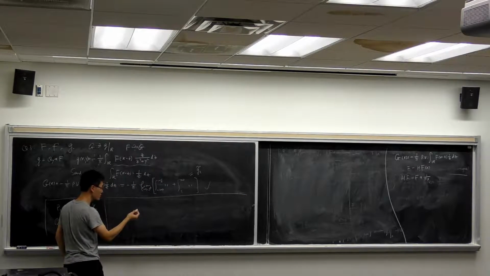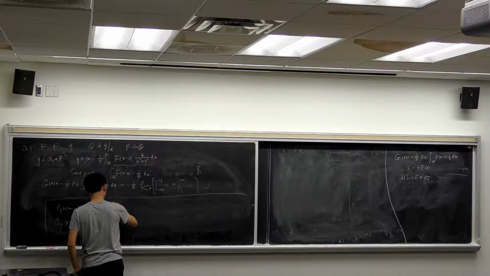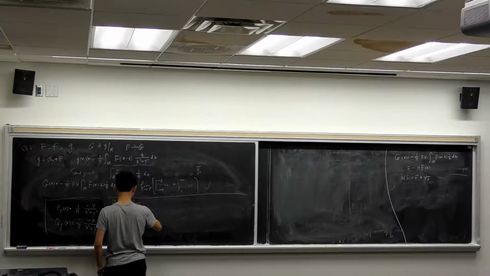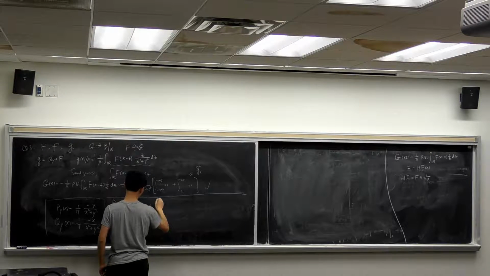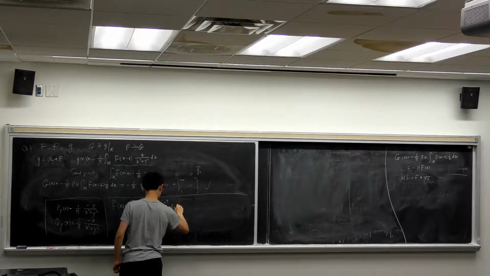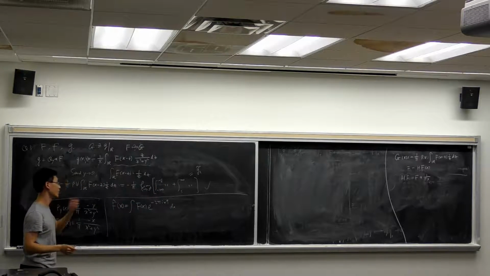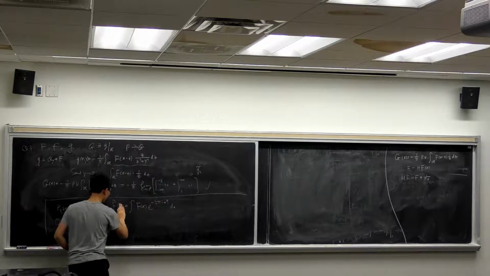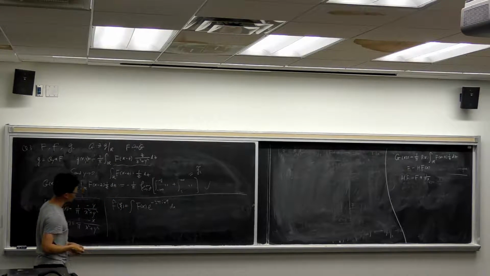By Fourier transform, I mean the transform of the function is defined to be the value of this integral, e to the negative 2 pi i x xi.